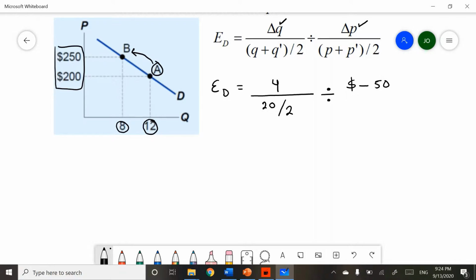However, as we discussed above, we can forget about any symbols such as dollar signs because elasticity of demand has no units. And secondly, since it doesn't matter if we go from A to B or B to A, we do not care about the minus sign. So we can forget about the negative sign and we can forget about the dollar sign.